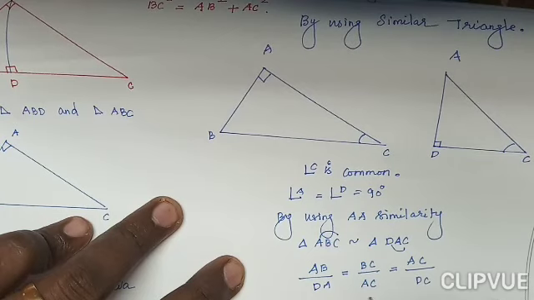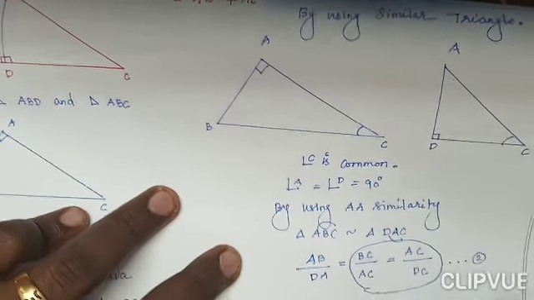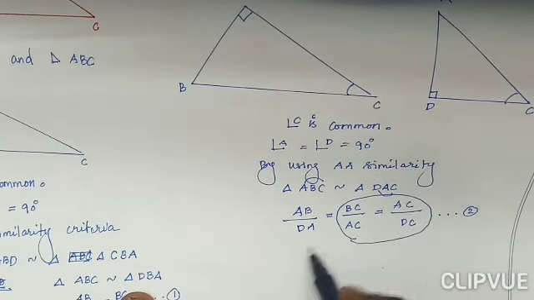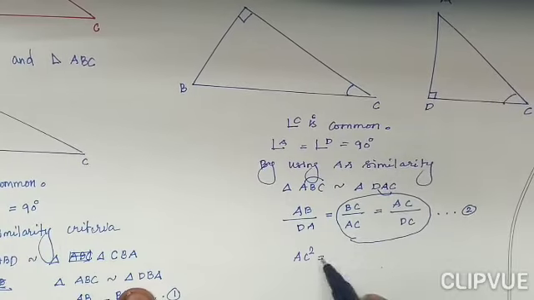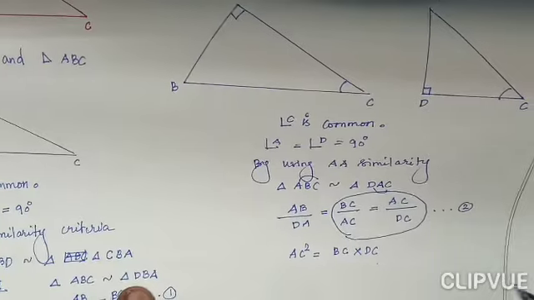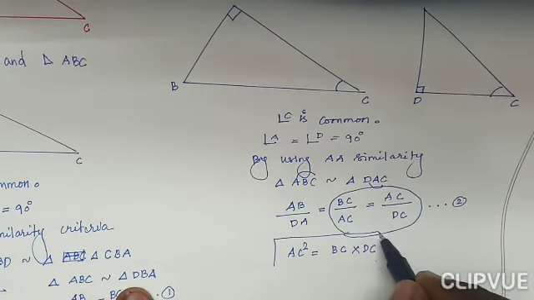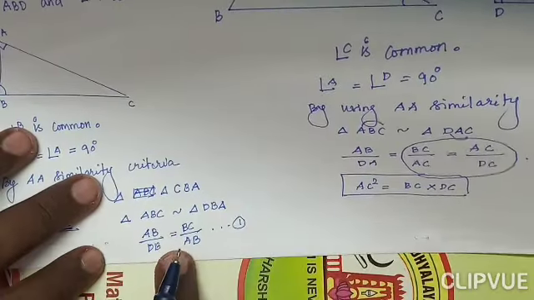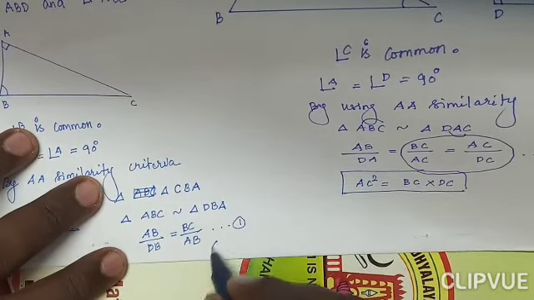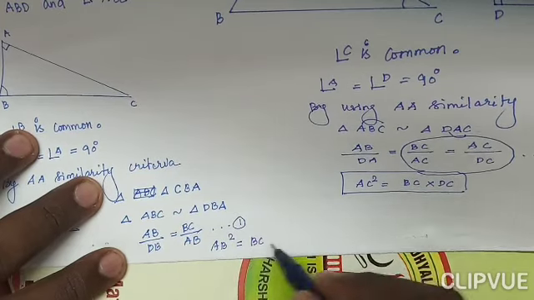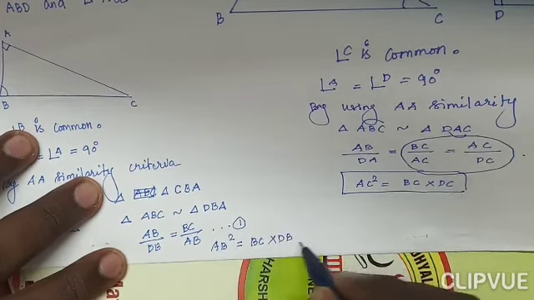So in this case I am going to take this one as 2. From it, it can be written as AC square equal to BC into DC. And here AB into AB equal to AB square equal to BC into DB.